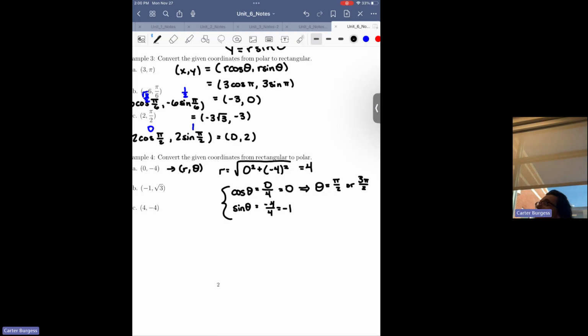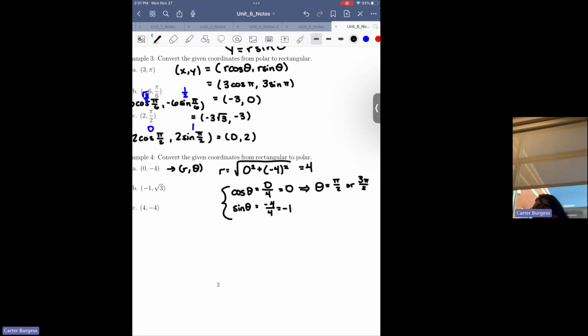We could use what I might describe as meta inferences here, where we look at the point that we are trying to translate and say, okay, does this make more sense as pi over 2? Does it make more sense as 3 pi over 2? For instance, noticing that we have this negative y value here, the only way we could start to the right and rotate counterclockwise to get to a negative y value is by going past pi over 2, so 3 pi over 2 probably makes sense.